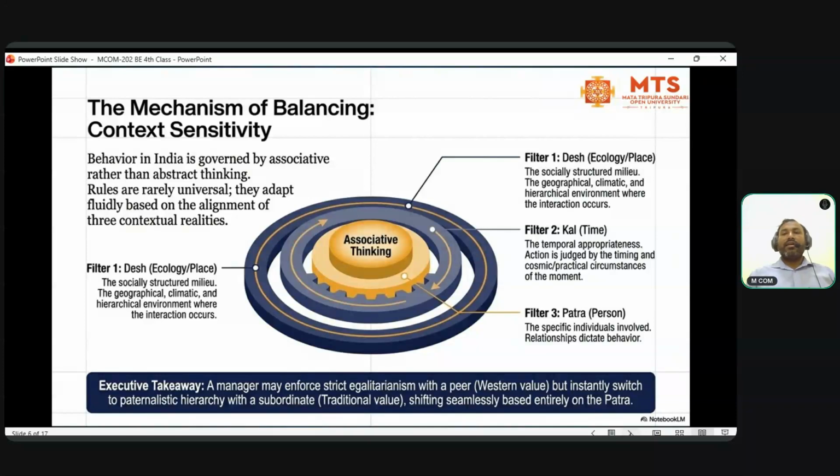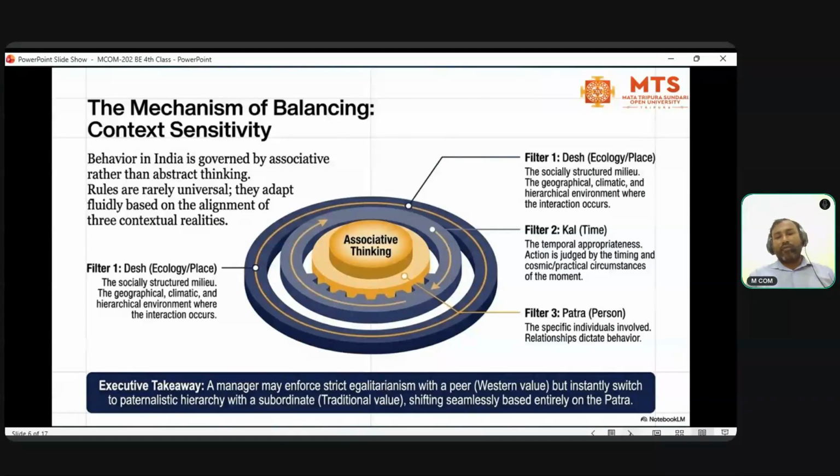So we always say Desh, Kal, Patra. These are the 3 dimensions, 3 filters to act, to think about acting on anything.